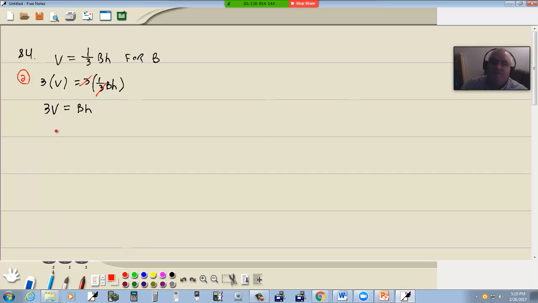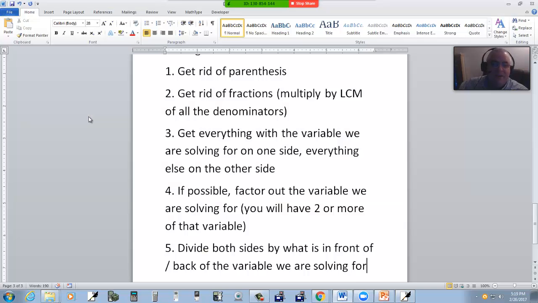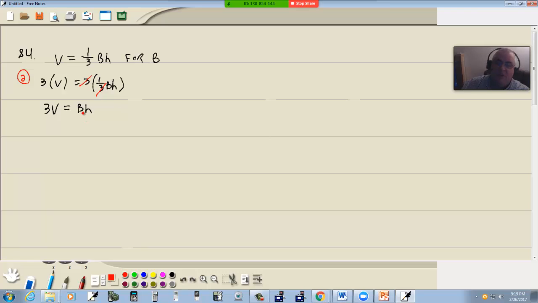Step 3. Get everything with the variable we're solving for on one side, everything else on the other side. We're solving for b as in Bill. Everything with the b's on the right side, and everything else is over on the other side. Step 4. If possible, factor out the variable you're solving for. You'll have 2 or more of them. We only have one b here.